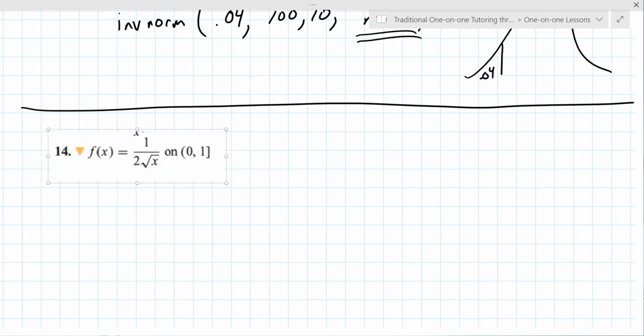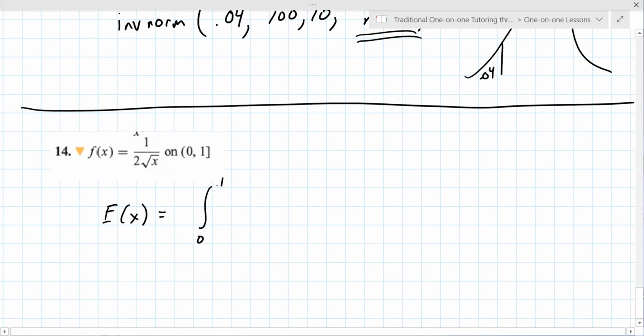The reason I ask is it does require calculus. So to find the expected value of x, it's the integral from 0 to 1 of f of x, which is 1 over 2 square root of x, times x dx. You can tell me if none of this looks familiar. Yeah, I remember doing this last year and I was not a fan.